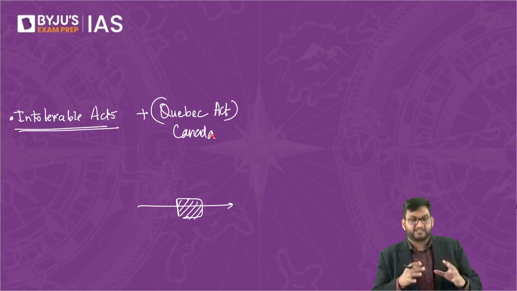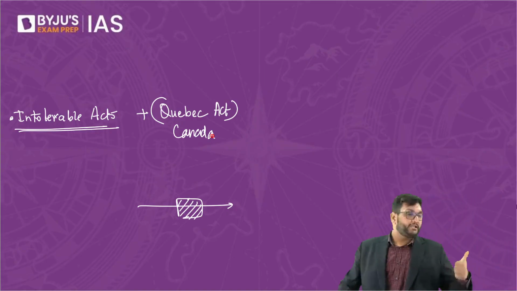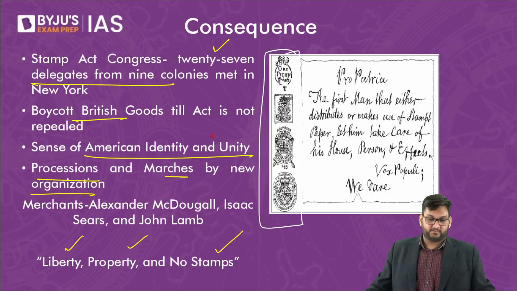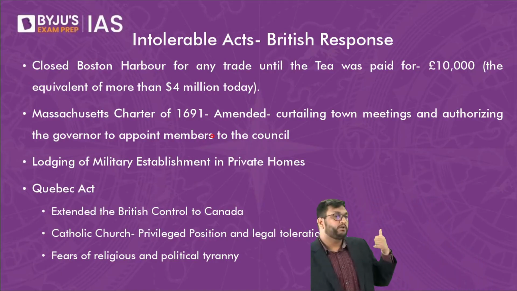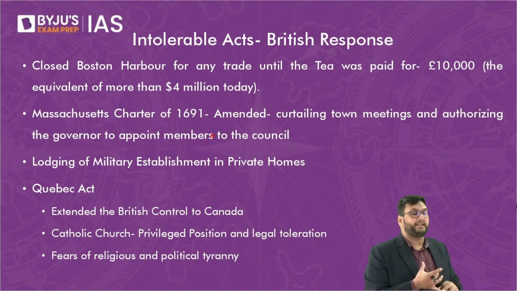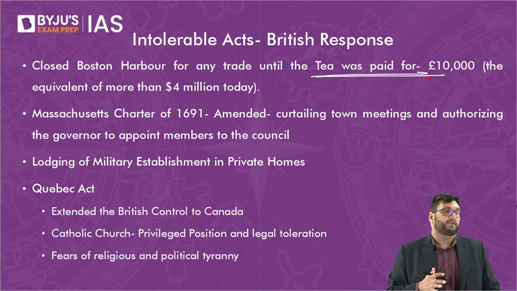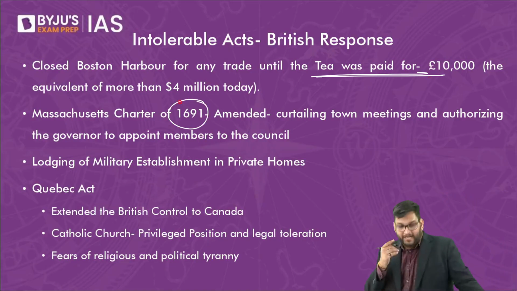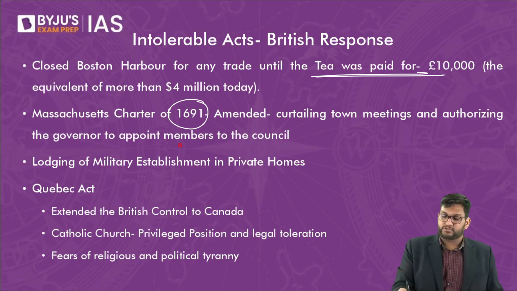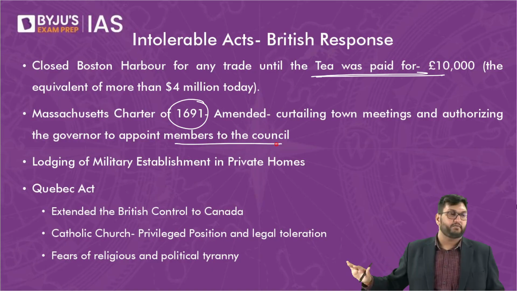Based on the Intolerable Acts, the three provisions, and the Quebec Act, I'll read it out to you so that you remember them better. The first one was Boston Harbor will close for trade until the tea is paid for, close to 10,000 pounds' worth. Then they amended the Massachusetts Charter, under which the council was not appointed by the people but by the governor, or the council was removed itself.